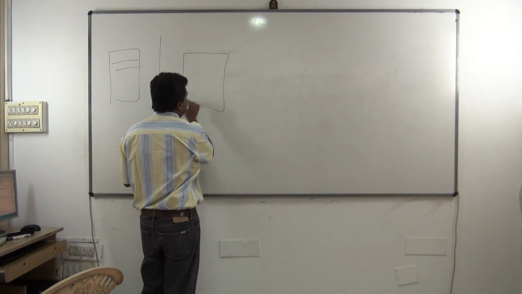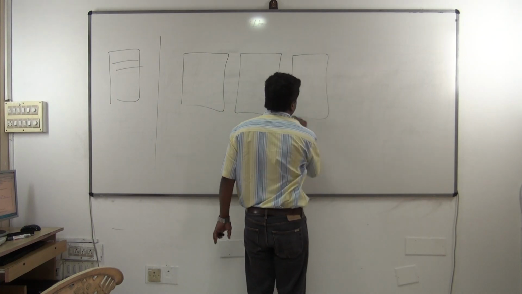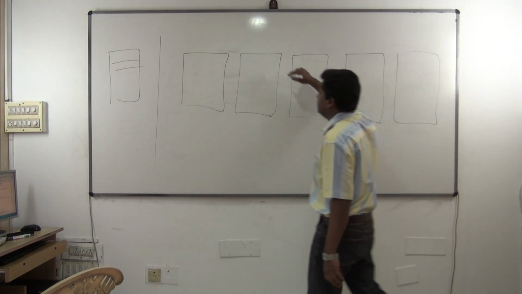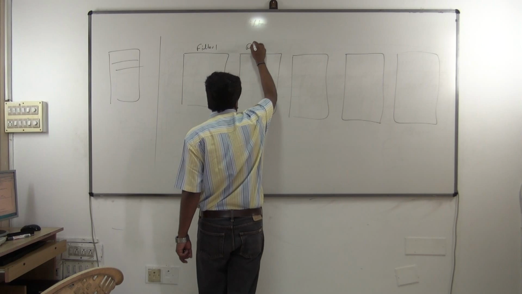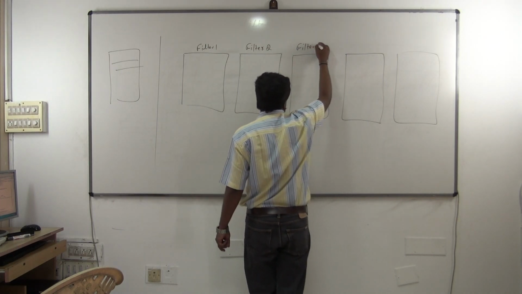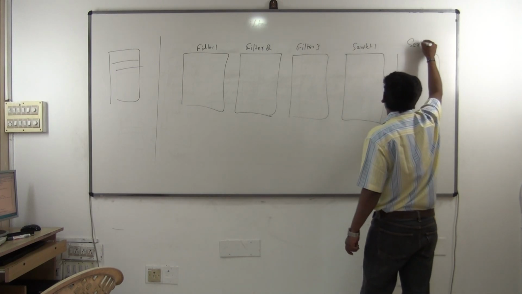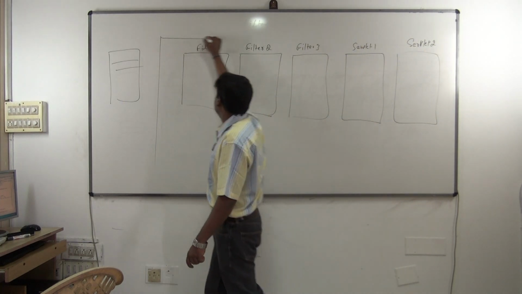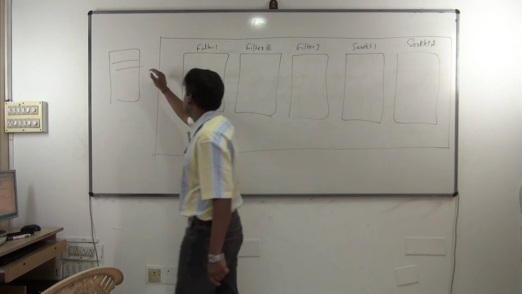So when the request is done now, this is filter 1, this is filter 2, this is filter 3, this is servlet 1, this is servlet 2. See the request.